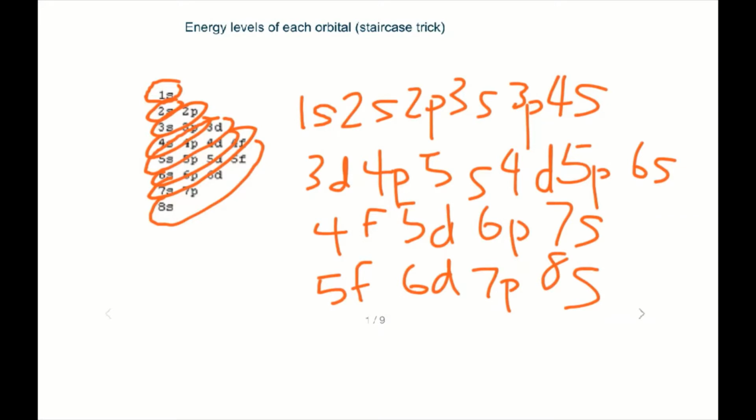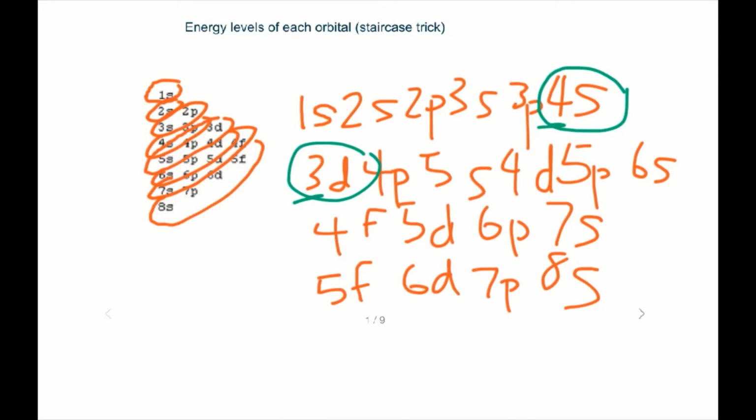So there's one thing to note. Notice how in this list the 3d electrons have higher energy than the 4s electrons, and the reason for this is something that is probably beyond this course, so I won't talk about it. But in general, these numbers tell you which one is farther away.